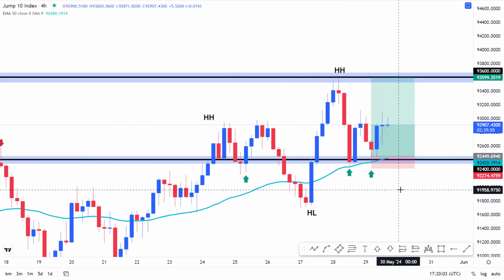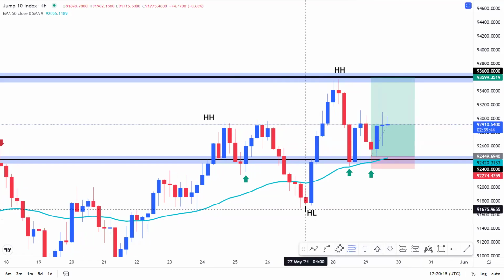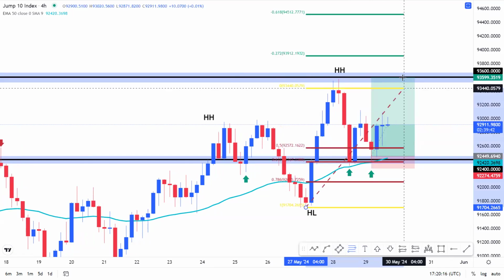And then also looking up at the analysis tools, bringing up one of my other favorite tools, the Fibonacci retracement tool, from the swing lows right about here to the most recent swing highs.